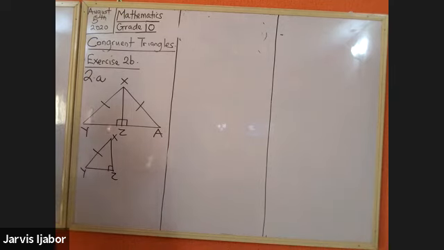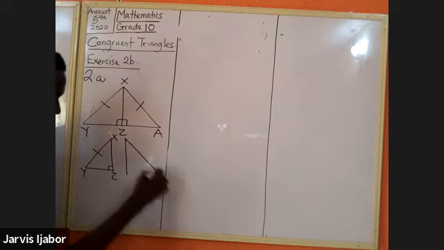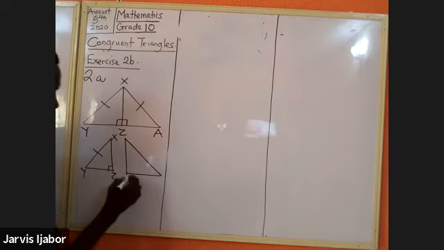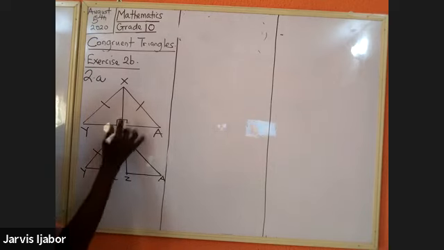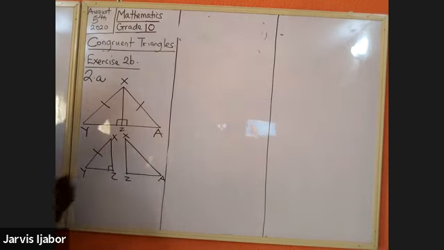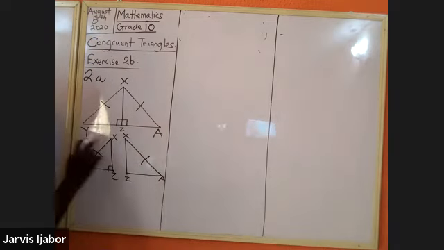The next thing you need to do is to get the next one: Z, A, and X. And according to the diagram, this side is equal to this side.